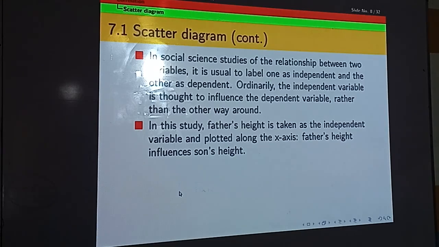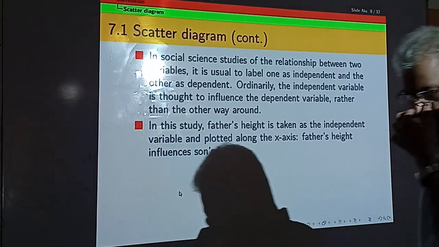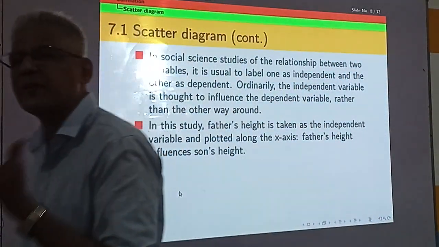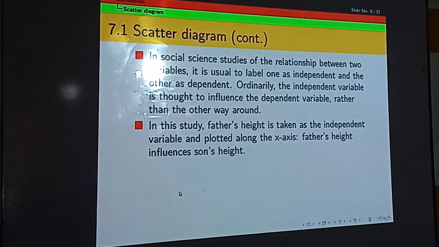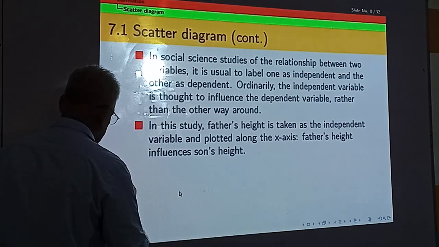Now, when you consider this kind of relationship, there are two words coming usually. One word is the independent variable, the other one is the dependent variable. Sometimes they have some other names also.